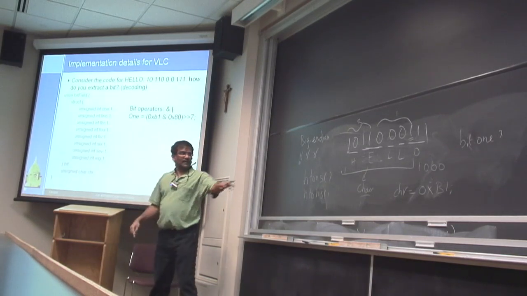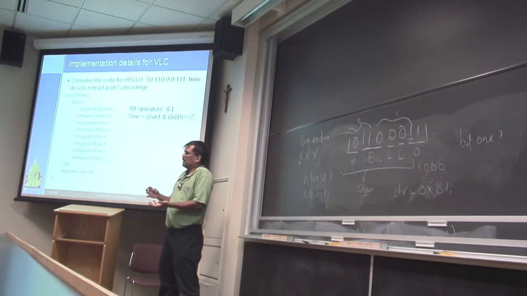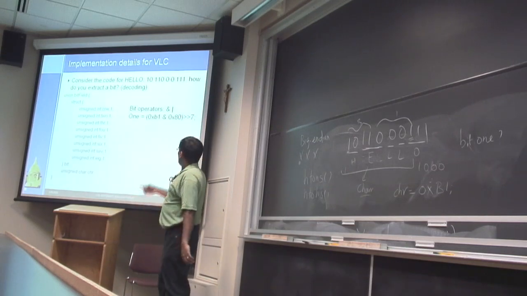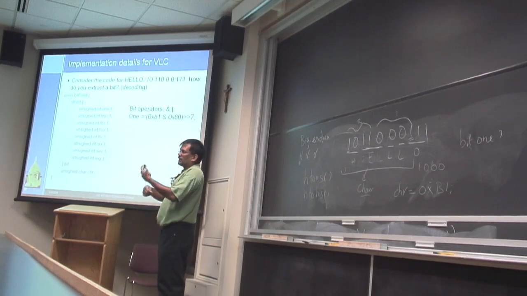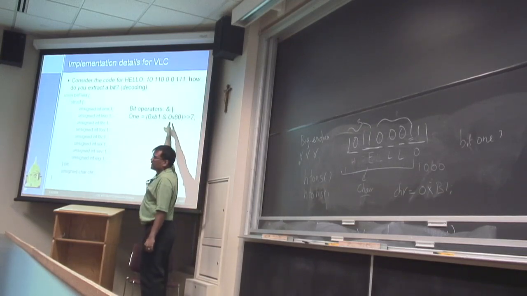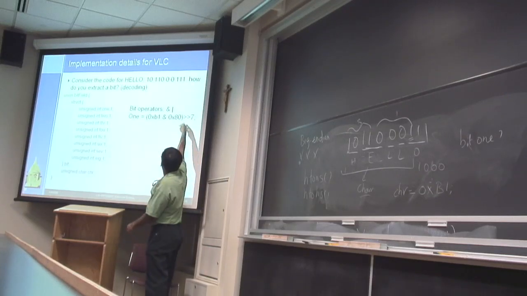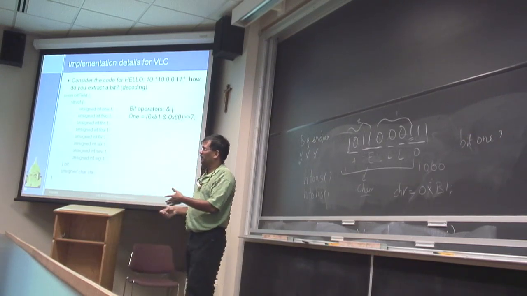When you use something like dot 1 and dot 2, internally the compiler has to do this because the underlying architecture may not provide any kind of bit operators. It will have to mask out. For example, to get the first bit, I would have to mask it with this 0x80, which will give me the last bit. Then I may have to shift right 7 bits to get the value.